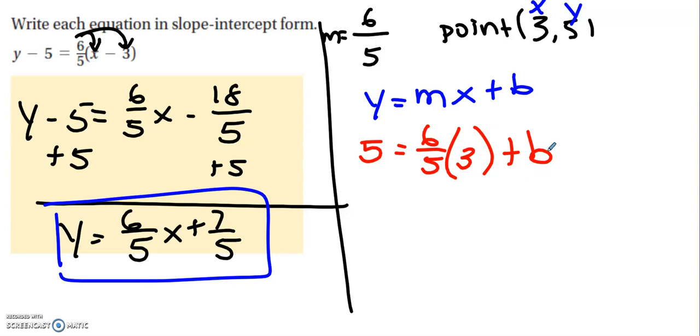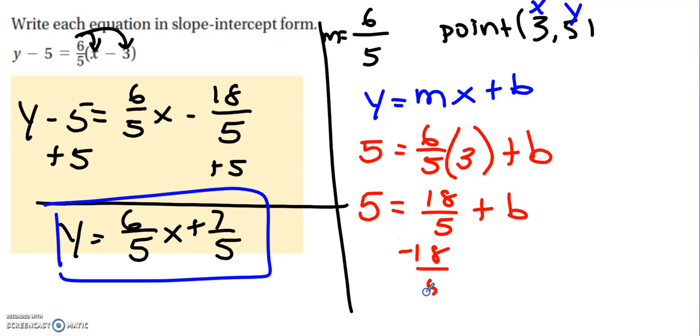So I'm going to solve for b here. And if it's correct, b should be 7/5. So let's see. 5 equals 6/5 times 3, which is 18/5, plus b. And if I subtract 18/5 from both sides, I get 7/5 equals b.